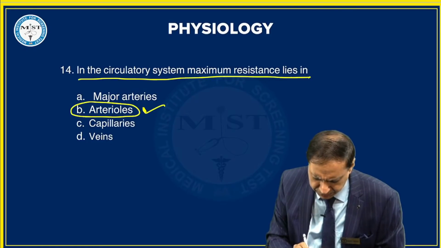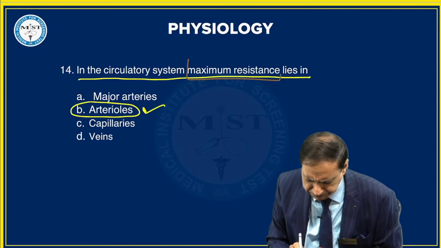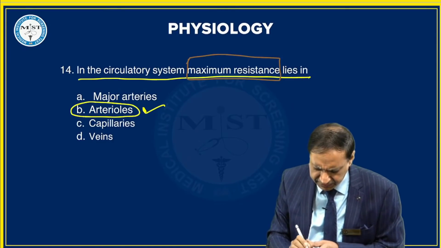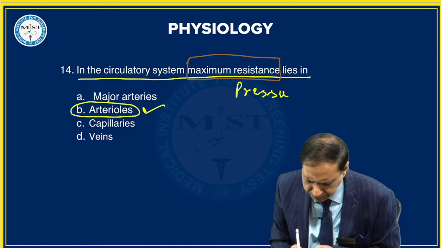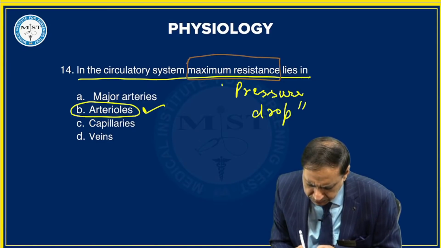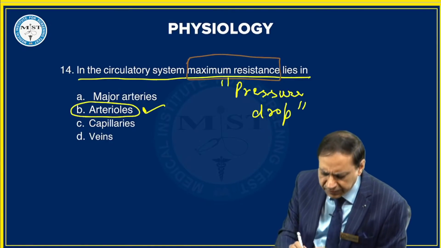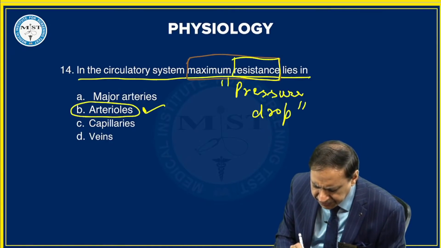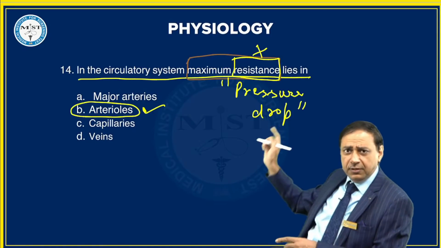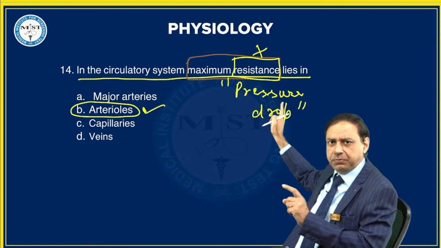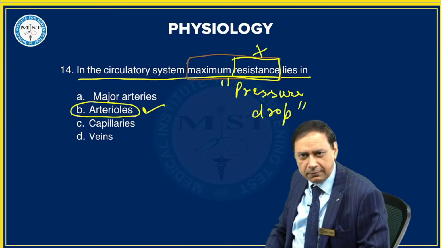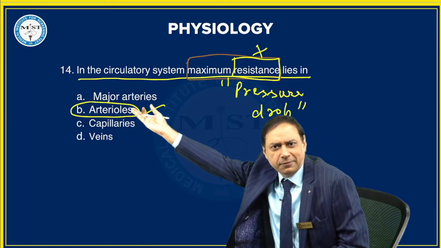Instead of asking about maximum resistance, if I ask you where do we have the maximum pressure drop, and I replace the term resistance by this, in the circulatory system maximum pressure drop occurs in arterioles.